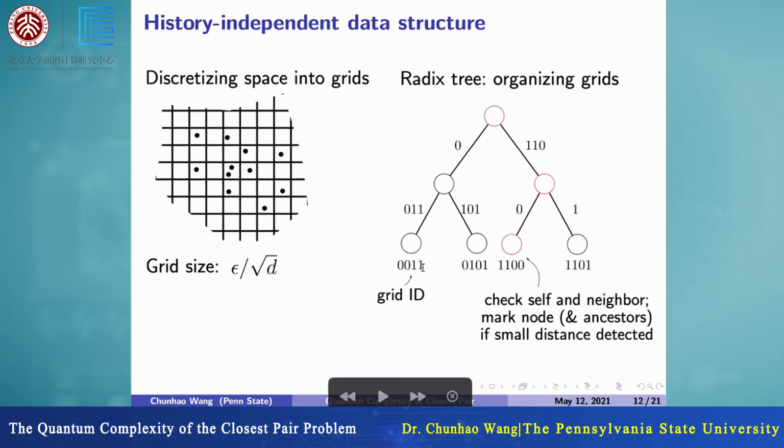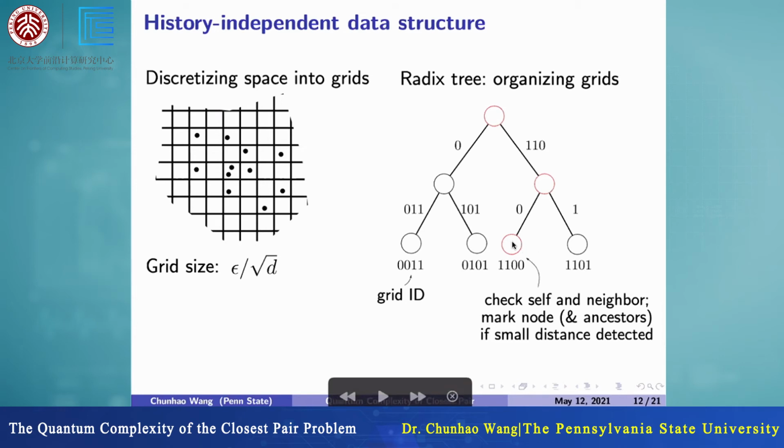Here we use the grid ID as the key. The radix tree has a nice feature: it is history independent. No matter in what order you insert or delete the leaves, you will have the same radix tree.